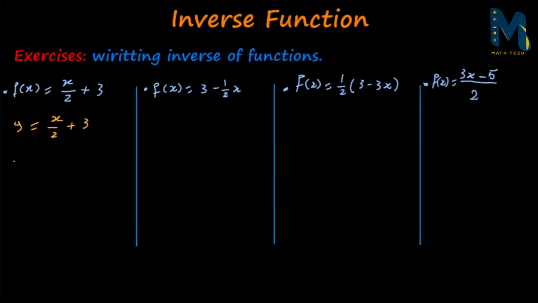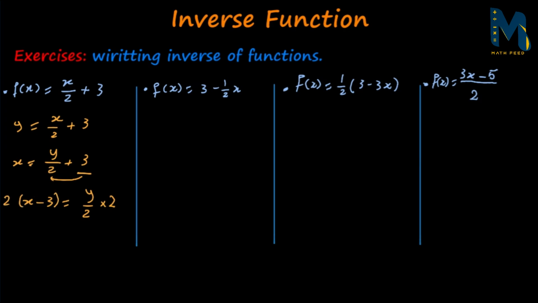We switch x and y. It will be x equals y over 2 plus 3. Then we isolate y, so we move 3 to the other side. It will be x minus 3 equals y over 2. To cancel this 2, we multiply both sides by 2.